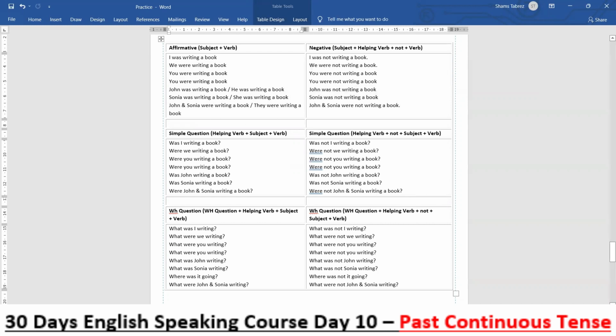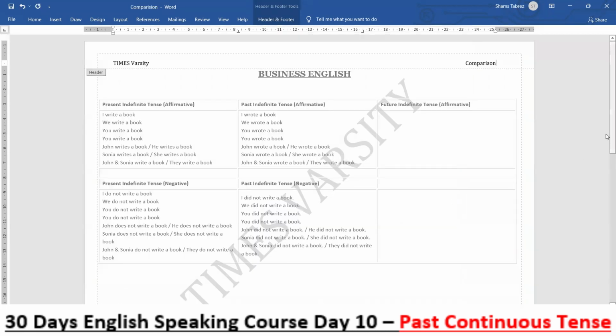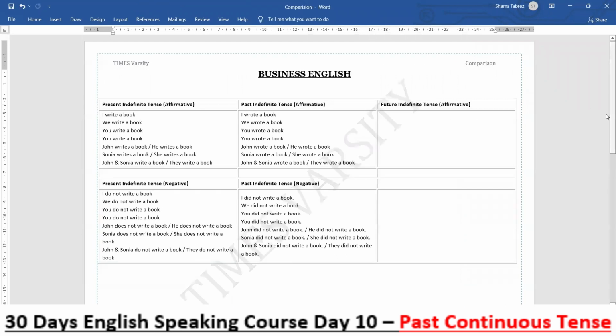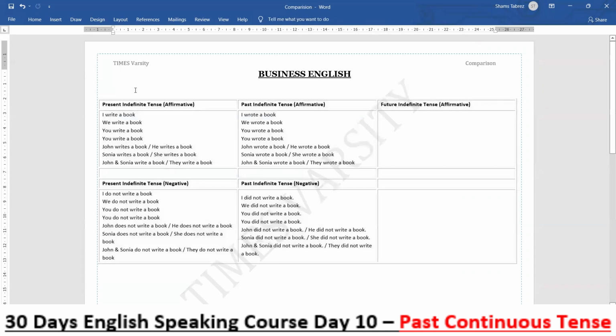Okay, so let's do some comparison. We have this comparison file. Copy this one. This was for indefinite or simple tense.